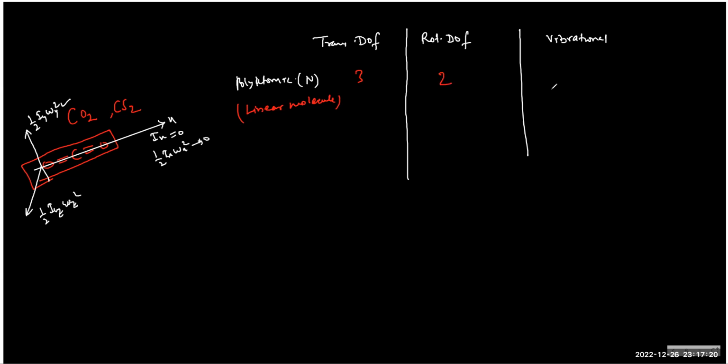But how many total are possible? 3n. And out of 3n, how many have we already consumed? 5. Correct? So 3n is the total possible, in which 3 is translational, 2 is rotational. So how many can we have at most for the vibrational? 3n minus 5.